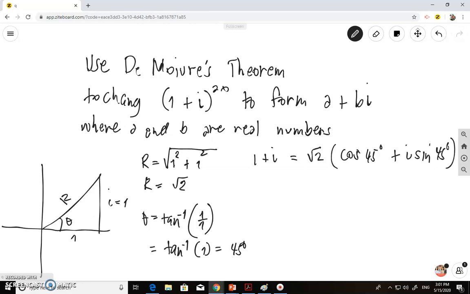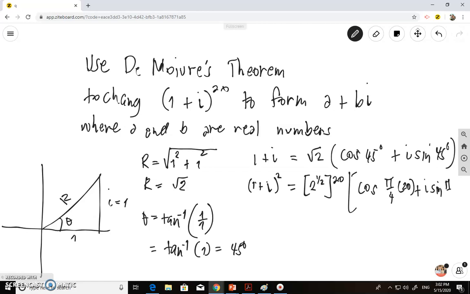Then 1 plus i raised to the power of 20 is equal to 2 to the power of 1/2, raised to the exponent 20, times cosine of pi over 4 times 20, plus i sine of pi over 4 times 20.